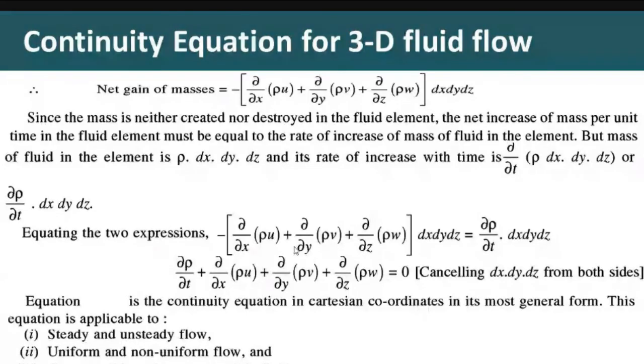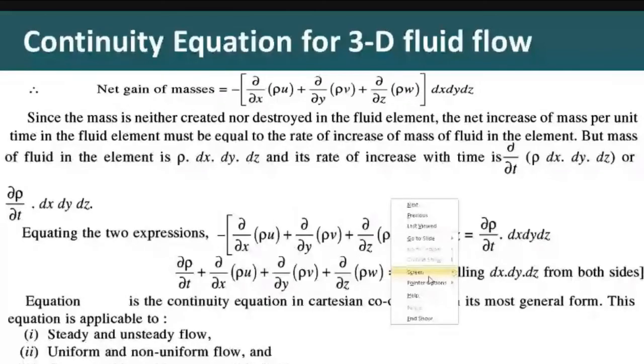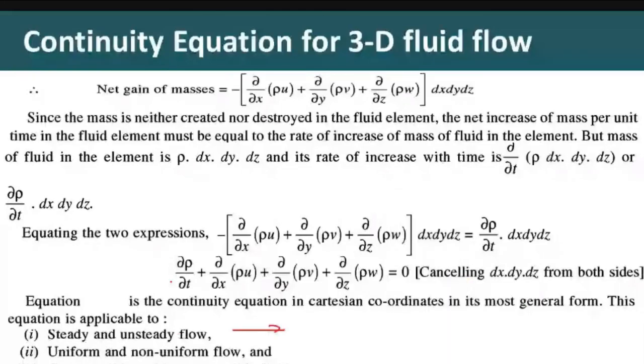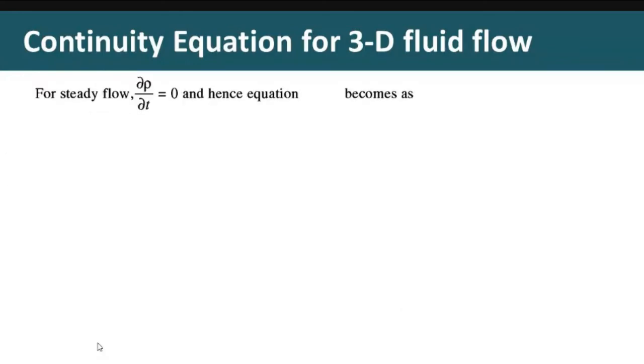So first of all, steady flow. What is steady flow? Steady flow is a type of flow in which the properties are not changing with respect to time. That means in steady flow, properties should not change with time. That means ∂rho/∂t should be 0, because density is not changing with respect to time. So for steady flow, this ∂rho/∂t should be equal to 0.